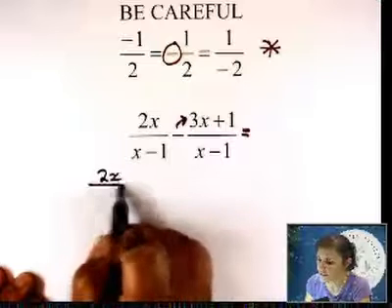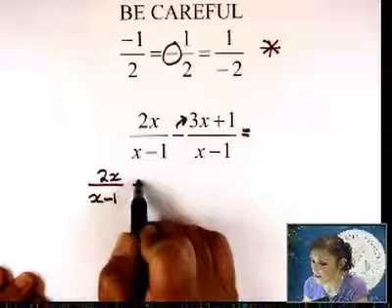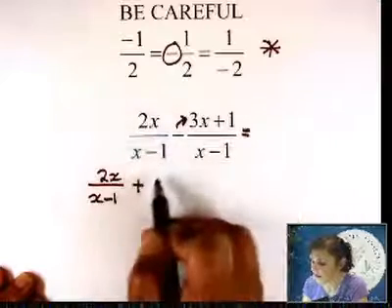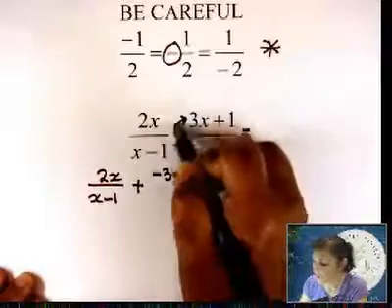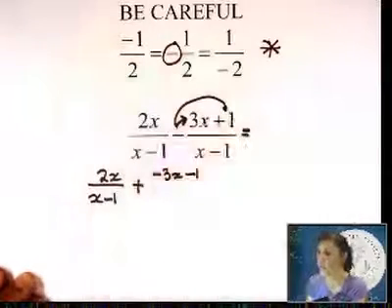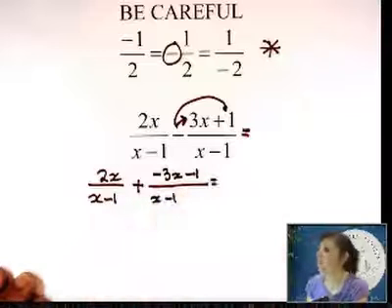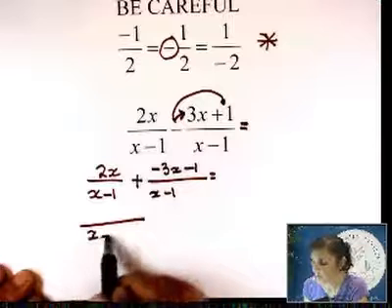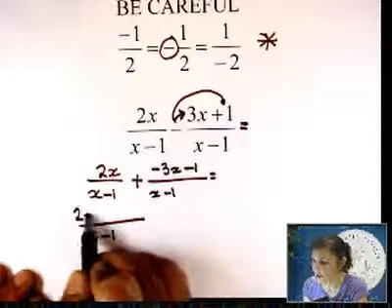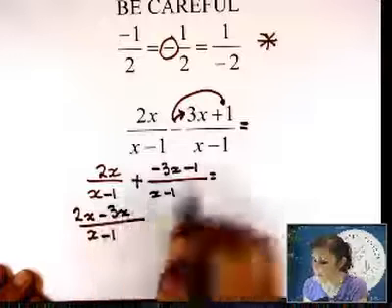This is going to be 2x over x minus 1. I can write it like this, watch, plus, and I can work that negative in, negative 3x, negative 1. Do not forget to work that into both terms. And guess what? I will have x minus 1 at the bottom, and on top you're going to have 2x minus 3x minus 1.